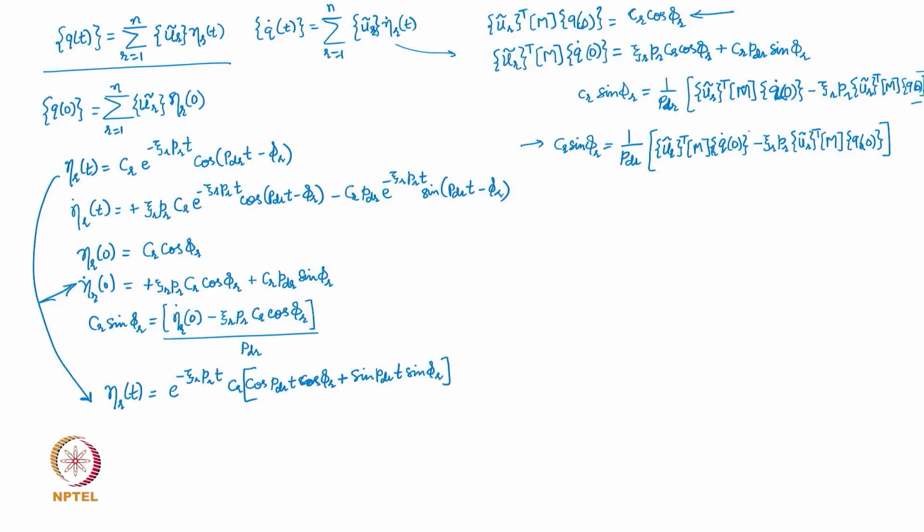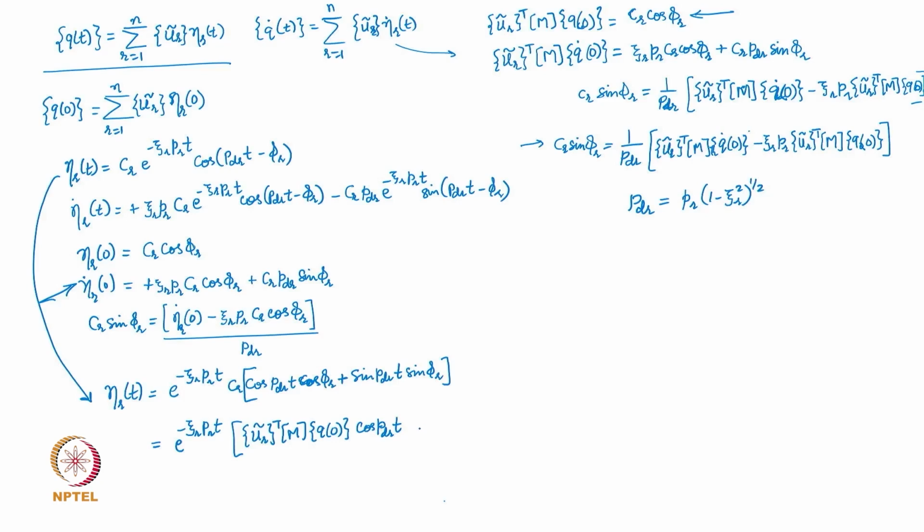So C_r cos phi_r is replaced like u_r tilde transpose M q naught, at t equal to 0, and then cos p_dr t. Mind you, p_dr is actually p_r into 1 minus zeta_r square to the power half. That is your damped natural frequency.